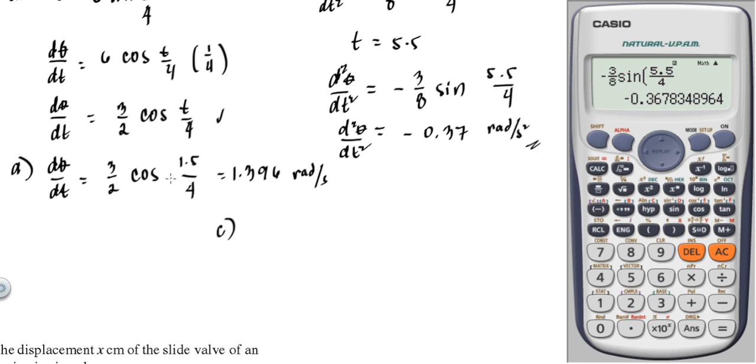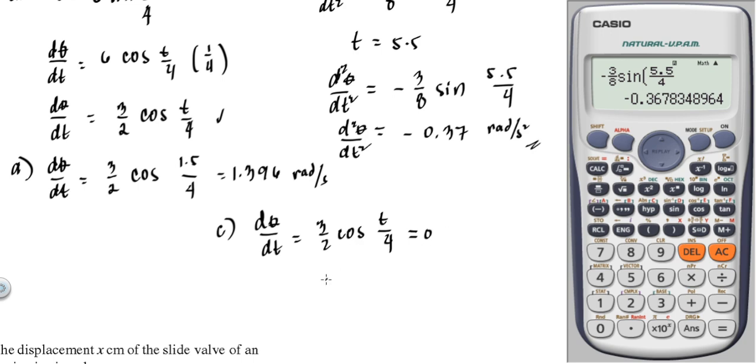So d theta dt equals 3 halves, then cosine of t over 4. So what is the time when the angular velocity is 0? Equate this to 0 and you solve for time. Syempre, pag dinivide ko yan by 3 halves, 0 pa din. 0 by any number is 0.